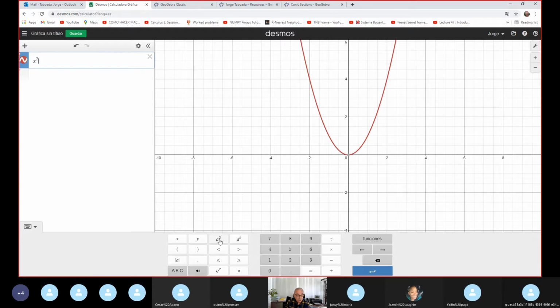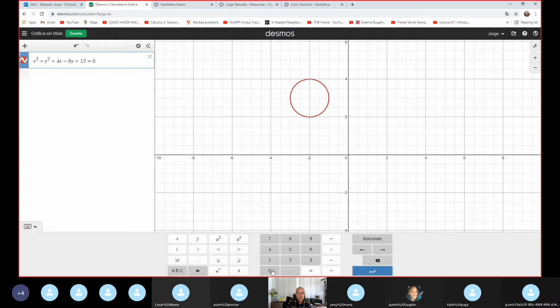equation: x squared plus y squared plus 4x minus 6y plus 12 equal 0.